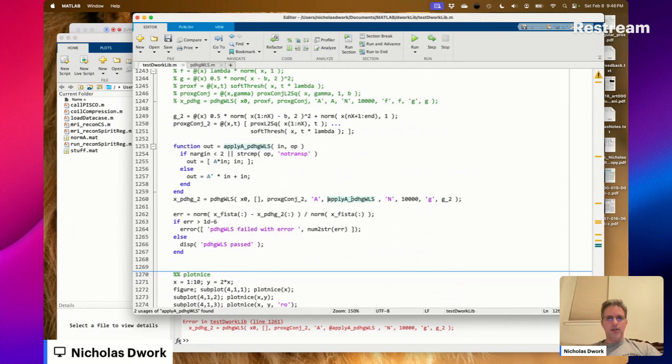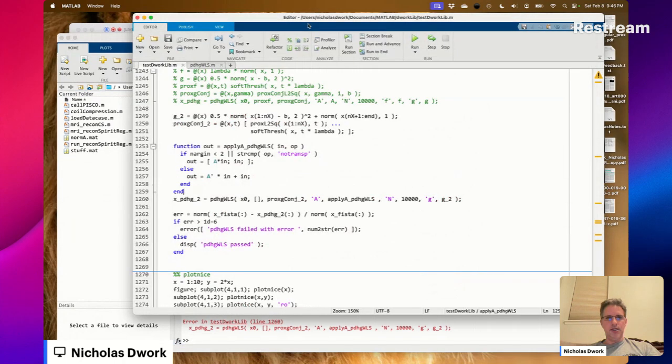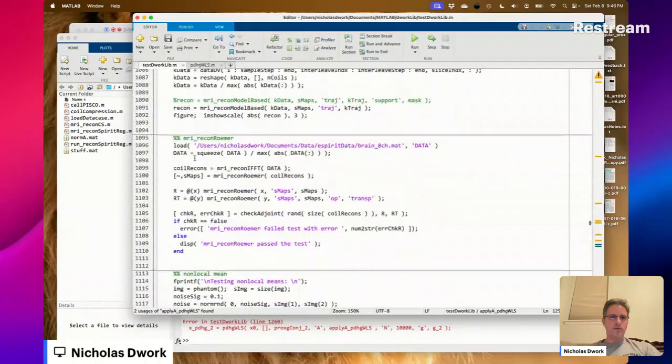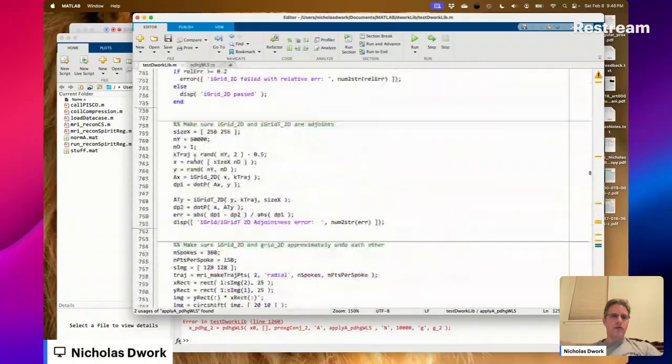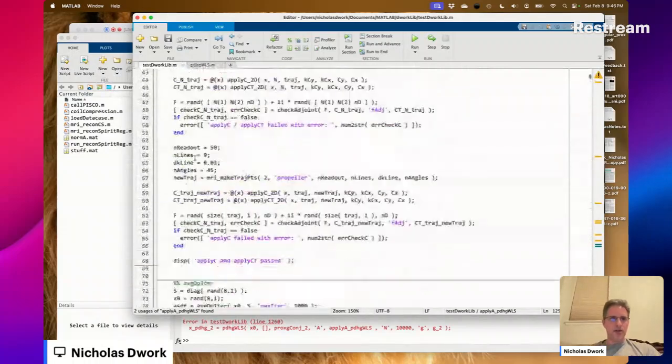If I do this, it should give me an error that there aren't enough inputs. Undefined function or variable, apply A PDHG. What on earth? It's not recognizing this function. I'm defining a function in a function. This should be totally okay.